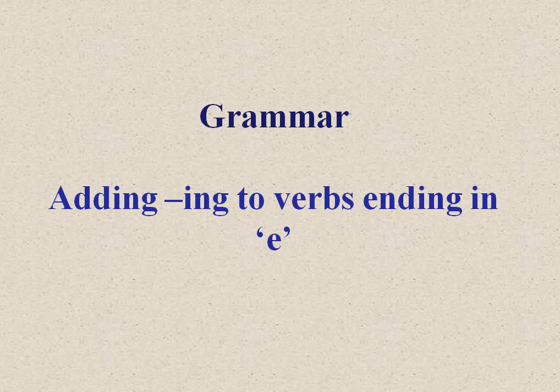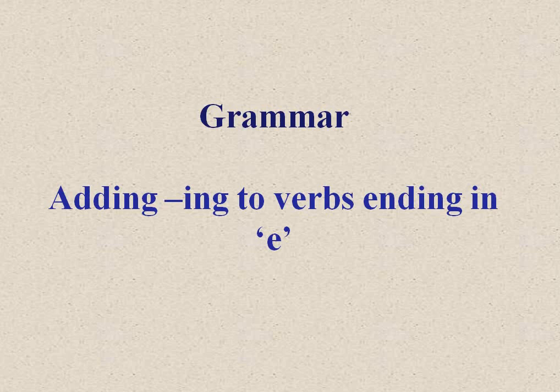So this time around we are looking at the verbs that drop E and we add ing, in the sense that with ing we form the verbs to be in continuous tense.